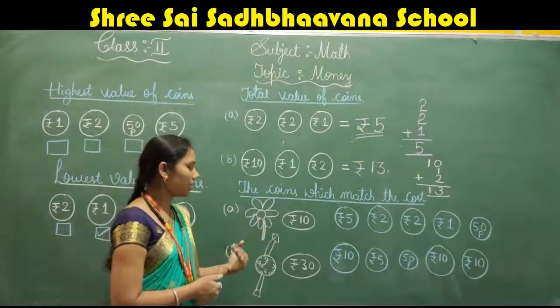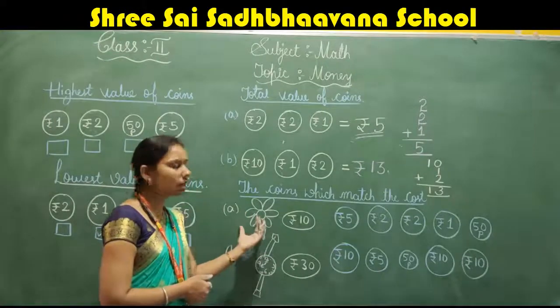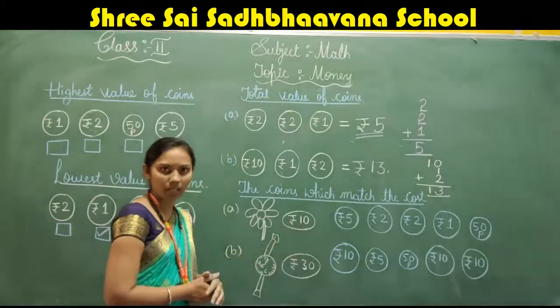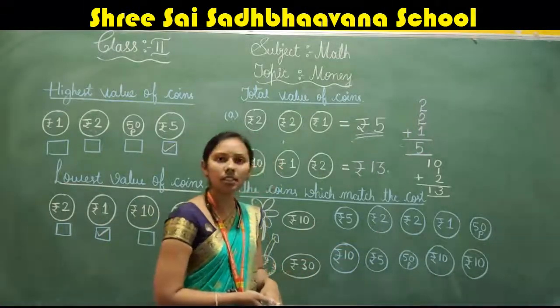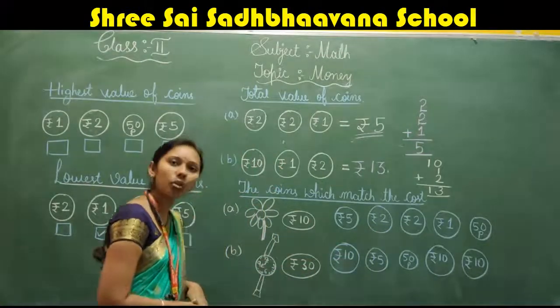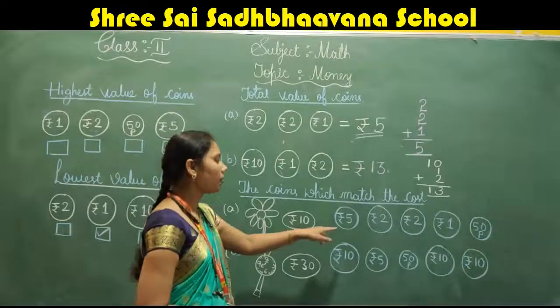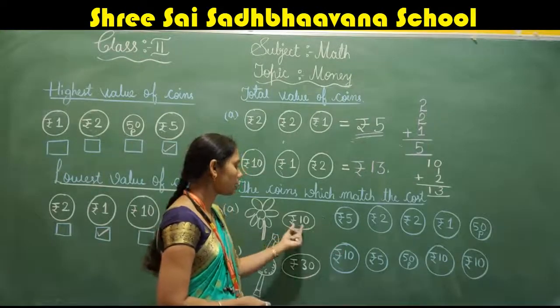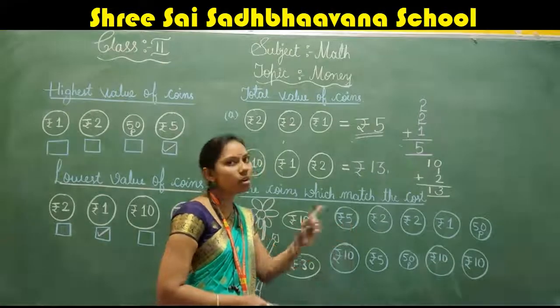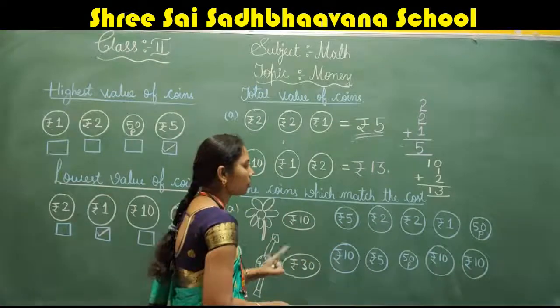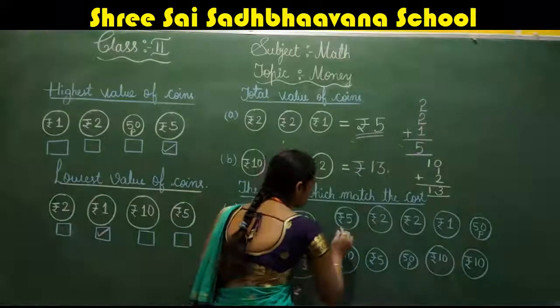Now you have purchased this flower of rupee 10. So what coins are you going to give here? Because it is 10 rupees, first we can take the 5 rupee coin.